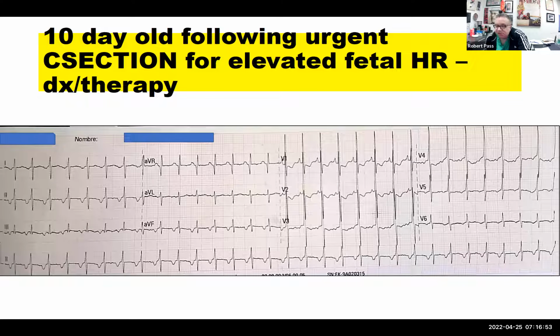I don't want to use this in my baby. So you explain that it's only short term, but they say, no, I don't want this toxin in my child's body. So what would be an alternative? Sotalol. Right, you could use Sotalol. That's true. What else could you use potentially?